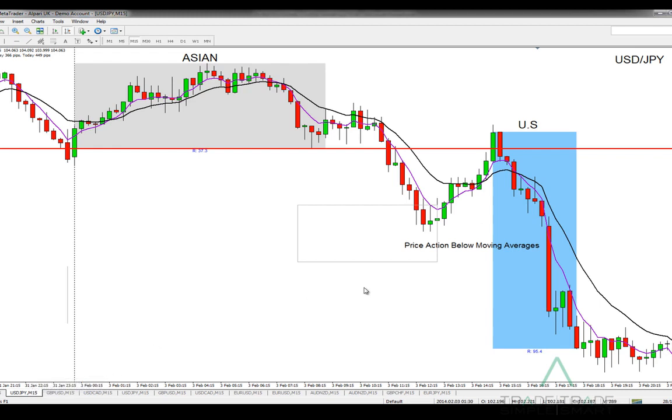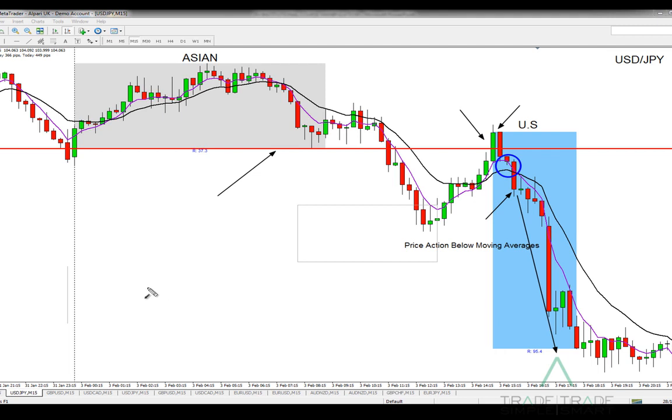The same is true in a bear trend. If we look at our previous example on the sterling against the dollar, once we had the stop run and confirmation of our Asian lows, and we received that cross of the two moving averages, the candle that creates the cross and the price action subsequent to manipulation are all below both of the moving averages.